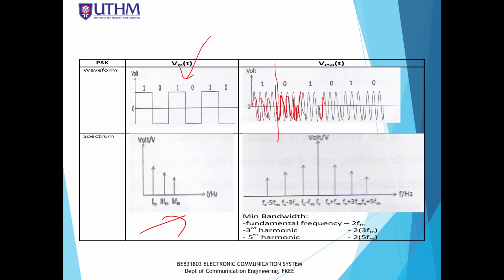So the bandwidth of PSK is similar with the bandwidth of ASK. Okay, so if we have up to 5 harmonics at the input, that means the output that we produce is equal to 2 times 5 FM, so we have 10 FM. So the bandwidth is going to be 10 FM if we have up to the 5th harmonic. So it depends on how many harmonics at the input. Okay.